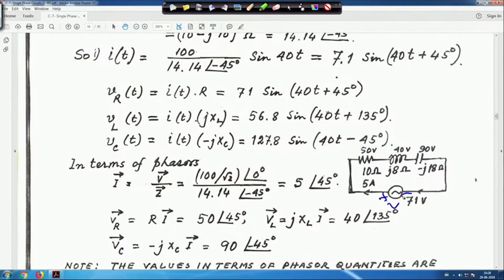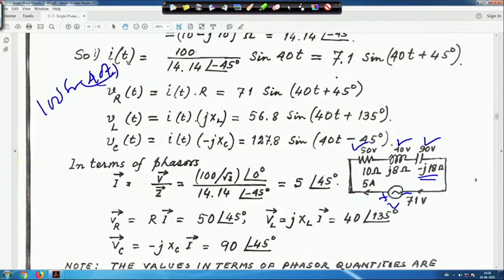All these things are shown here: it is 10 ohm, J 8 ohm, and minus J XC, so minus J 8 ohm, and it is 50 volt, 40 volt, and 90 volt. These are all actually RMS values because V is given as 100 sin 40t.